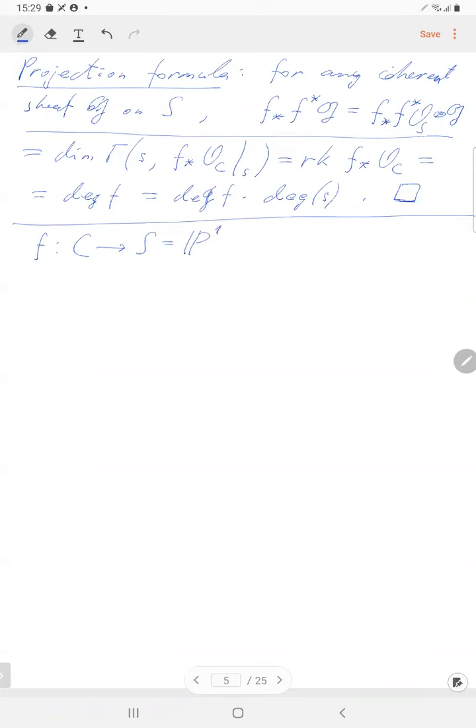In other words, f can be viewed as a rational function on the curve C, and then we define the divisor of this function.